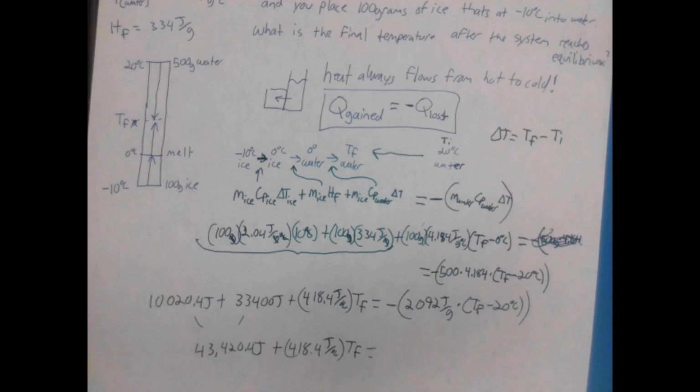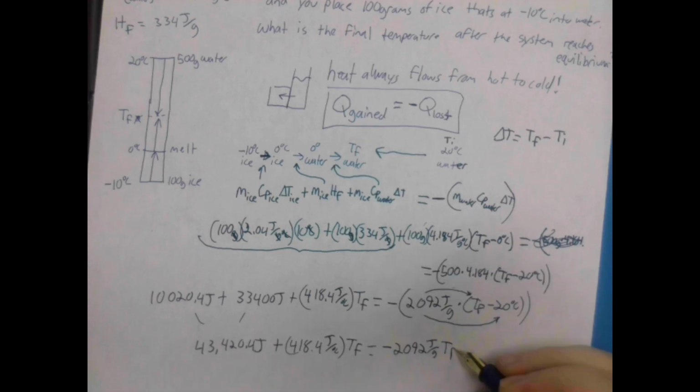So that is negative, so boiling, negative 2092 into this, and negative 20 into that. Gives me 2092 joules per gram times TF. A negative and a negative becomes a positive.